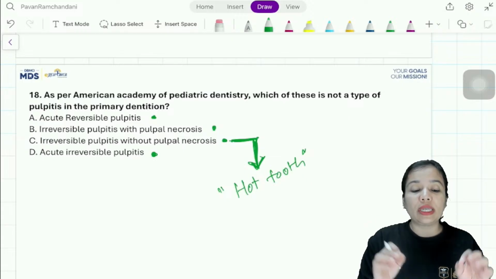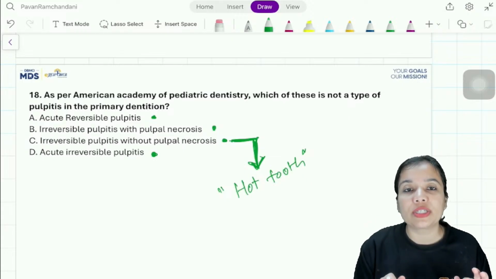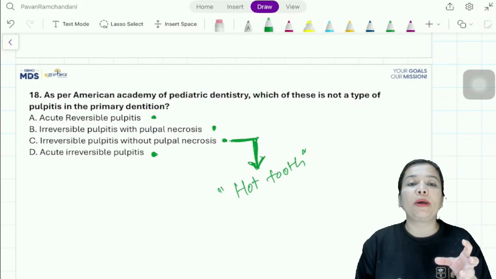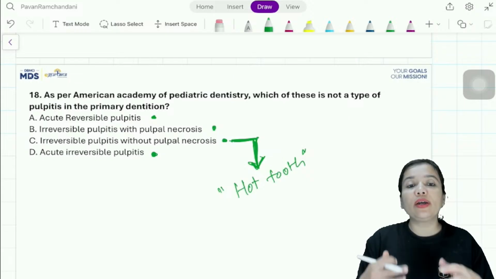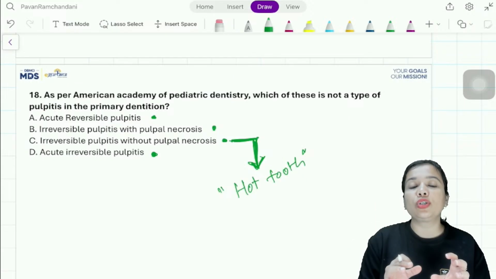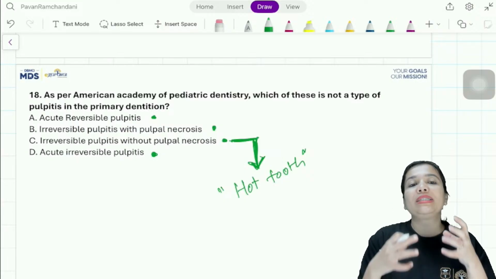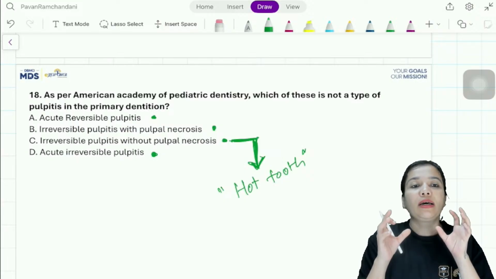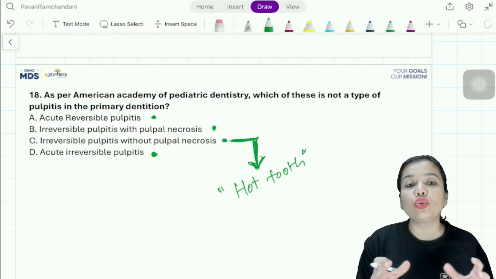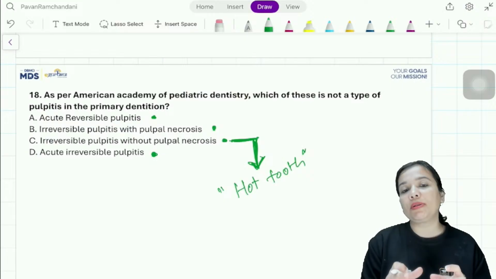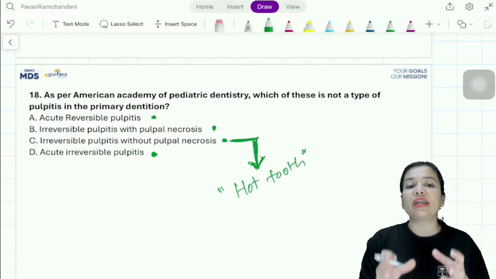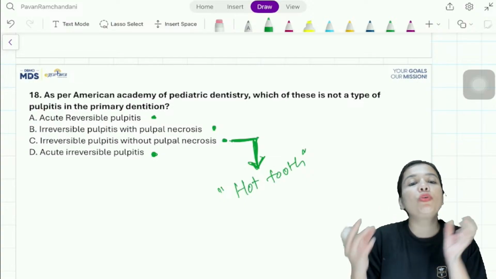But this particular thing does not occur in pediatric patients, does not occur in primary dentition. Wherever there is irreversible pulpitis, you will find only pulpal necrosis. A child will not report to you with hot tooth syndrome because the A delta nerve fibers that are responsible for the severe tooth pain are basically underdeveloped in primary tooth, and hence no child is going to report to you in a condition where there is irreversible pulpitis without pulpal necrosis.